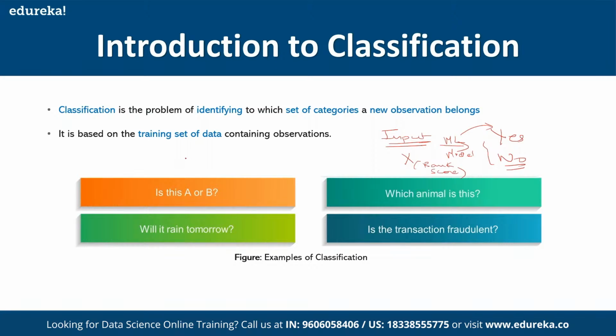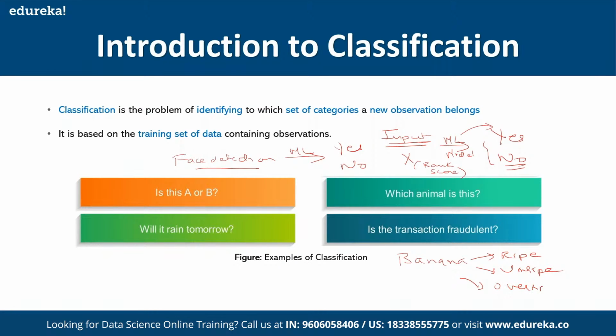Similarly, when you do face detection in your mobiles, if you put your face in front of your mobile, the mobile will learn your face and will take a decision whether it should unlock your mobile, yes or no. Similarly, yesterday I was solving one problem where I need to say whether a banana is ripe, unripe, or overripe.